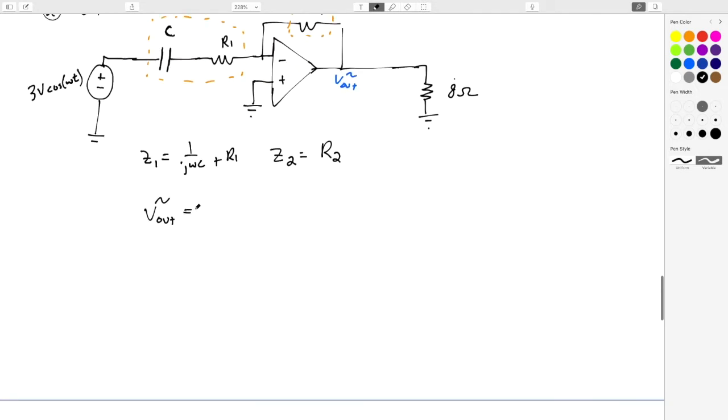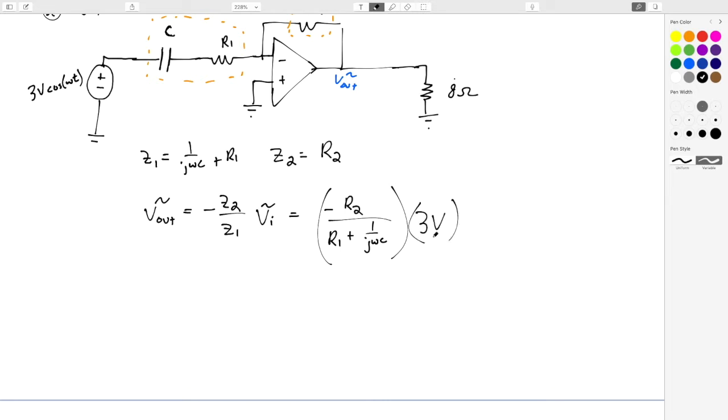V out will equal negative Z2 over Z1 times whatever the input was. So in all of these cases, it'll be negative R2 over R1 plus 1 over j omega c, times, in the complex domain, just 3 volts, because there's no phase on that.